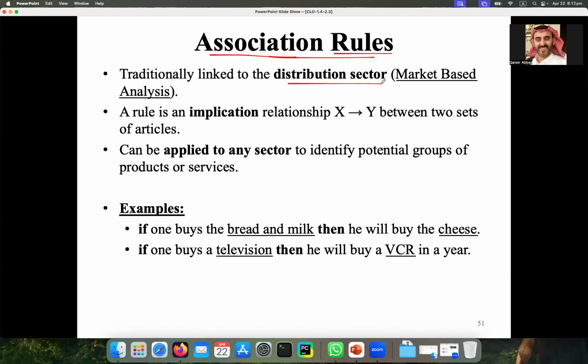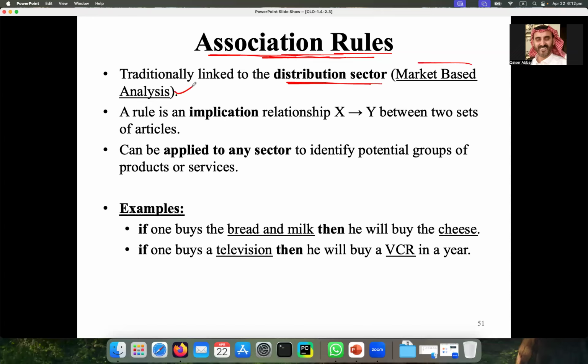They have given their distributions to different persons, and they call them distributors. And they distribute the products to the shops in the market. So now you will understand that this association rule is normally used in the distribution sector.